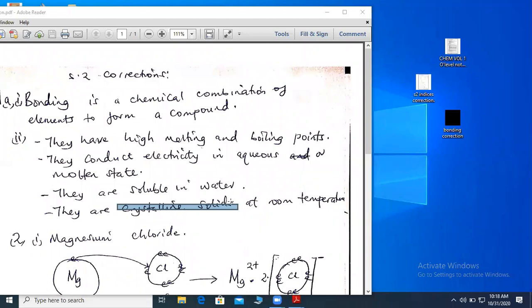So they are crystalline solids at room temperature. So that means for covalent bonding, as we shall see, they will be liquids or gases at room temperature. So those were the properties that I wanted.